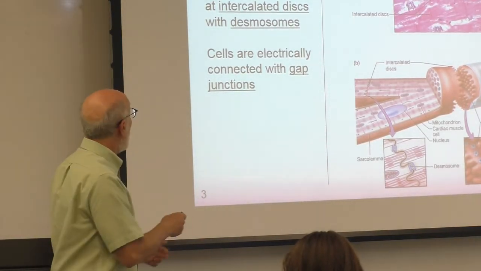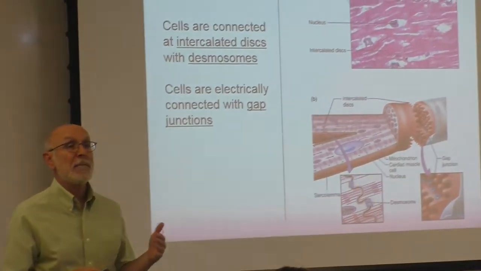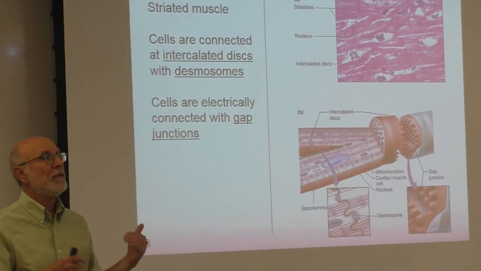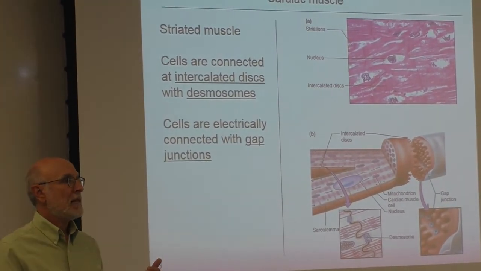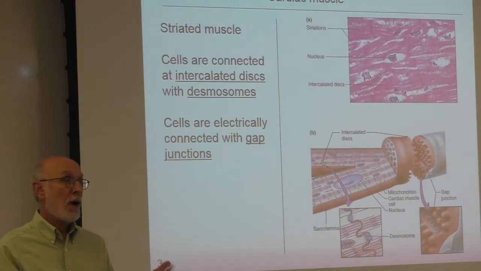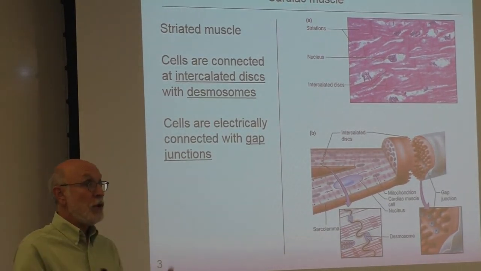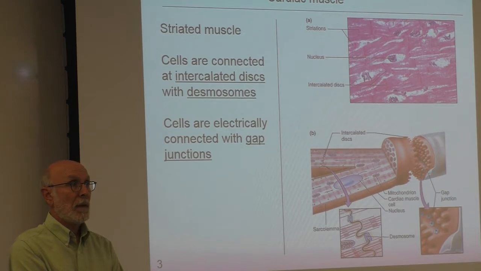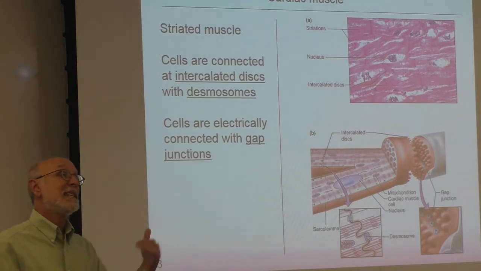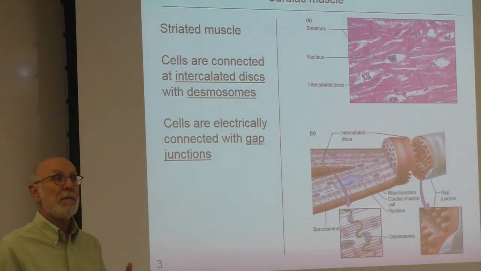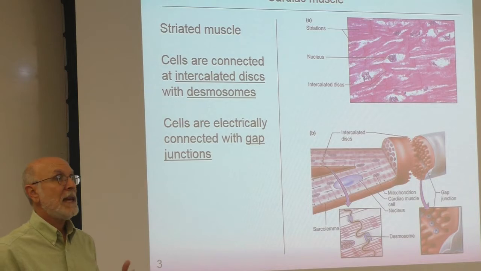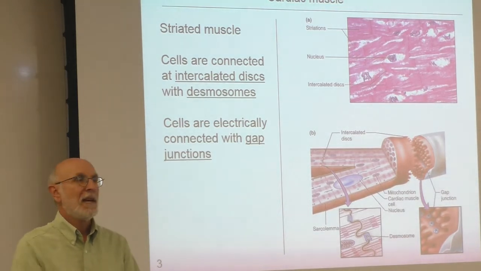So that's why skeletal muscle is multinucleated. Each muscle fiber cell has multiple nuclei, one from each of the precursor stem cells that fused to form the big fiber. Cardiac muscle is not like that. Cardiac muscle cells are not fused. Each cell has its own nucleus, just like a normal cell.